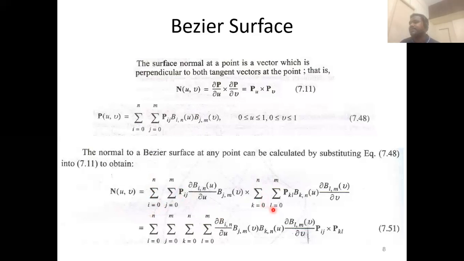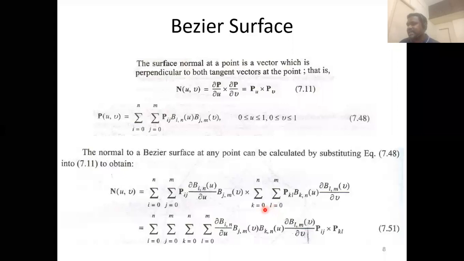It is written here for the purpose of writing a program. So in place of j it is written l, and partial derivative is taken, and here in place of i, k is used, so P_kl is written. So Pij and Pkl are written. It is the same expression actually.